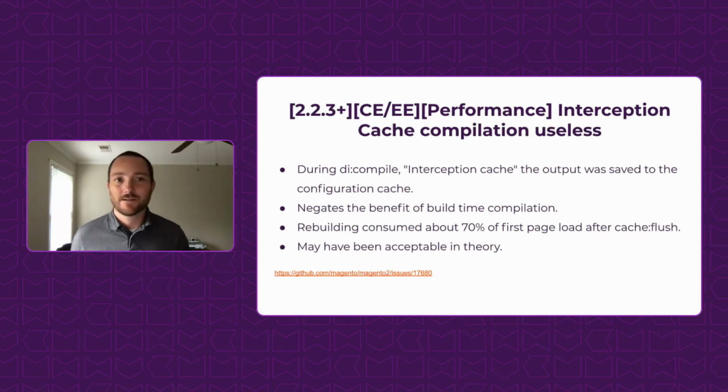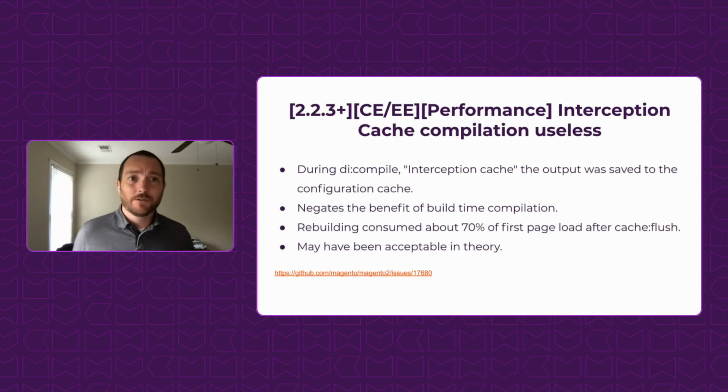So if you're running your build process on a remote server, which is pretty standard practice, it's not going to be connected to the production configuration cache. And also, I didn't really understand what the interception cache was, and would it ever change?